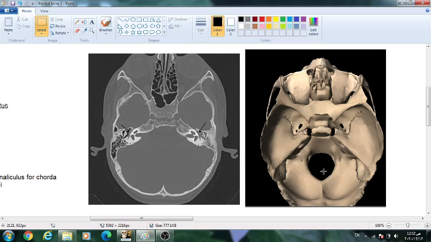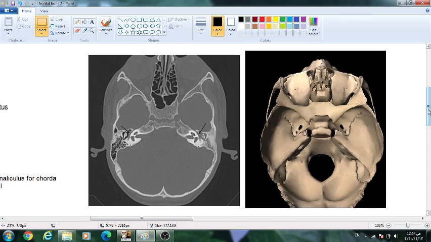Maybe because there is a vertebra underneath it, so the rays reflected back into the machine and didn't pass the whole way through. Of course, here is the complicated part of the nasal cavity. A lot of air cells here, I think.